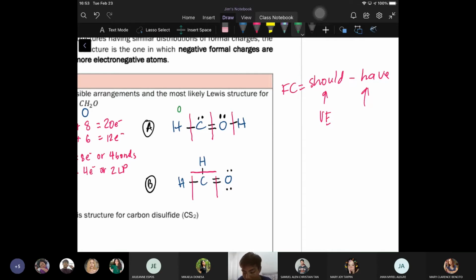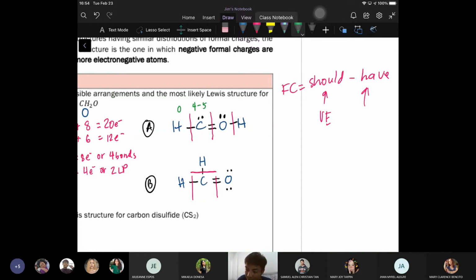Let's have carbon. Okay, so this carbon should is 4. Okay, so should is 4. 4 valence electrons yan. Have is how many? Bilangin natin. So we have 1, 2, 3, 4, 5. So we have 5 electrons around the carbon when you cut the bonds, no?